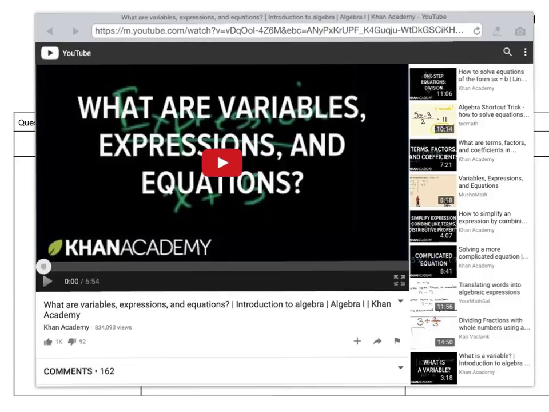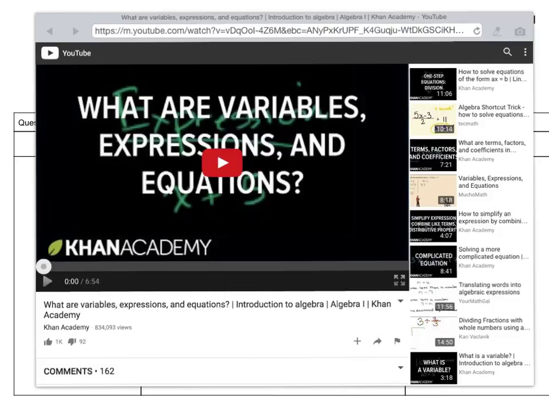If x is equal to 1, then x plus 5, our expression, is going to be 1 plus 5, so x plus 5 will be equal to 6.